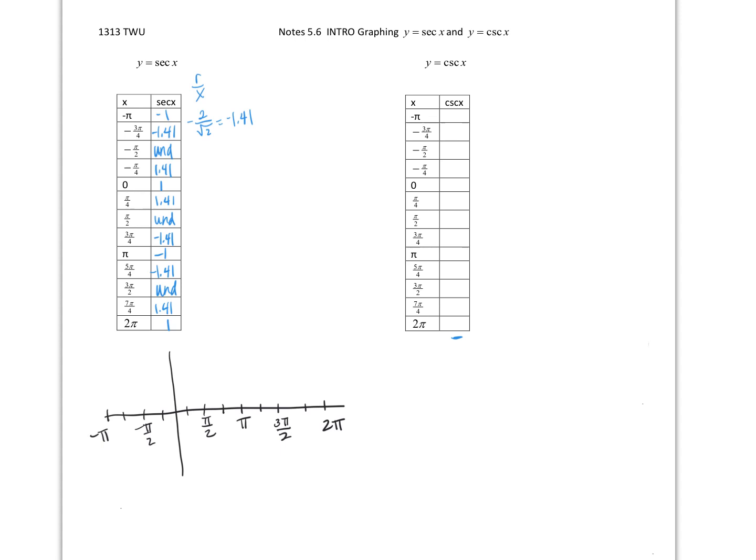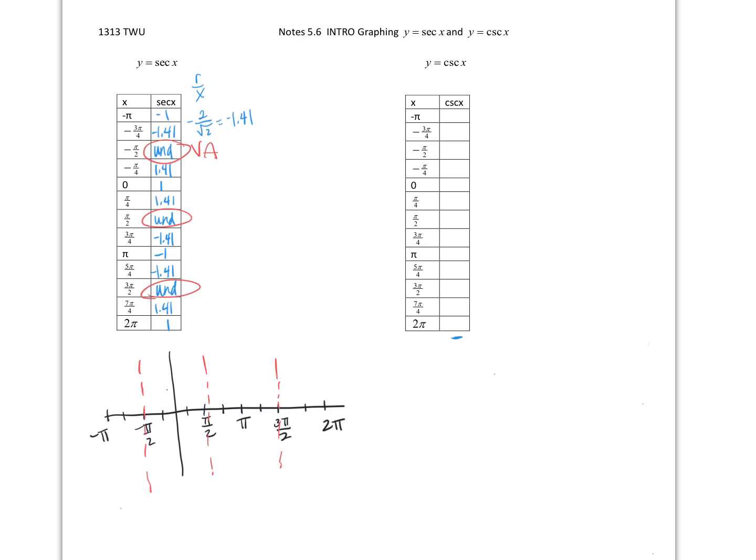Okay, now notice where our asymptotes are. They are where it's undefined, right? So let's see, we have asymptotes at negative pi over 2, positive pi over 2, and then 3 pi over 2.